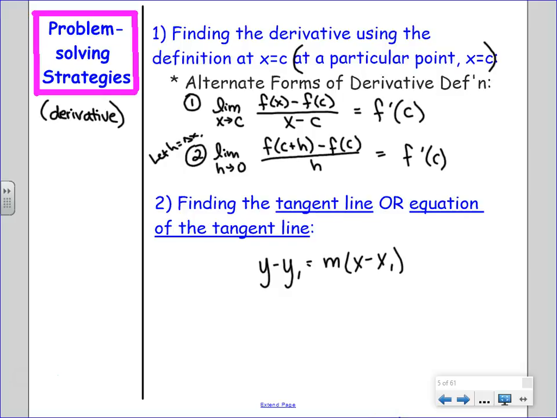However, we say the following. x1, y1 is going to be our c, f of c. And what I mean by that is our point of tangency. Our point of tangency.